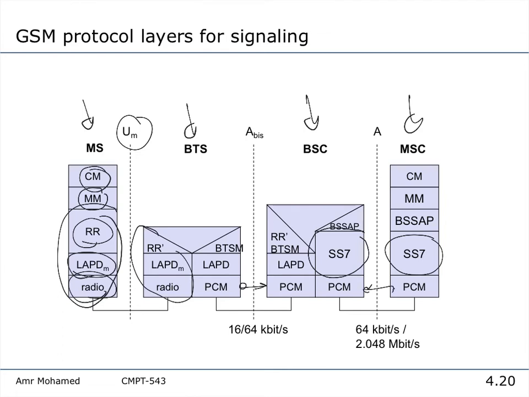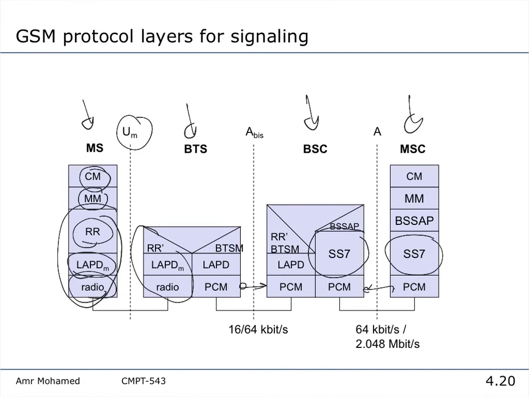The physical layer here uses a primitive physical layer which they call pulse code modulation. Pulse code modulation is a primitive physical layer technique which samples the signal and then sends it as a digital signal over the wired medium. So as we talked about before, from the BSC to the core network, it's wired.